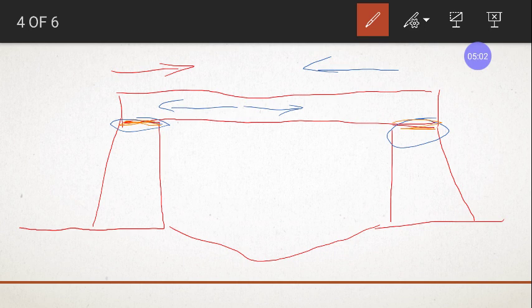Due to the movement of vehicles, the superstructure moves over the substructure by small, negligible movements, and expansion, contraction, and deflection are allowed. So these structures which allow those three parameters are called bearings.